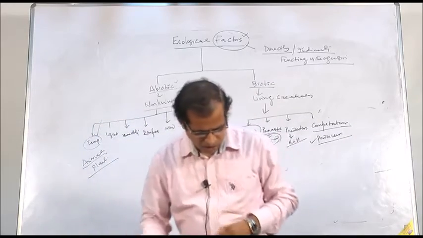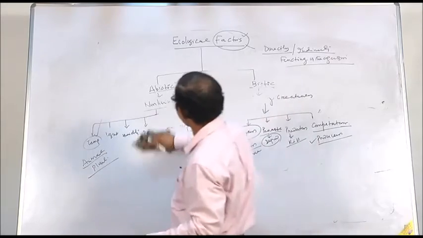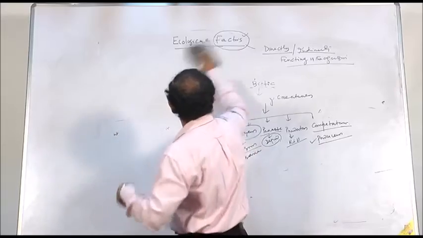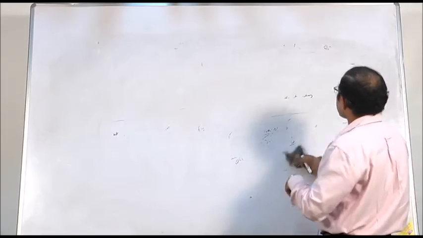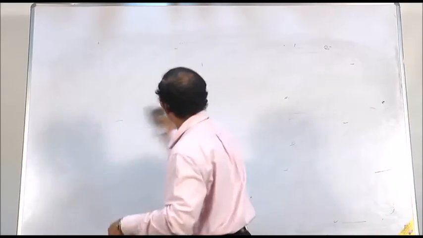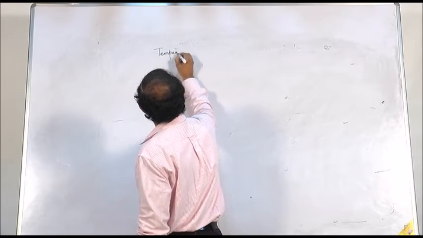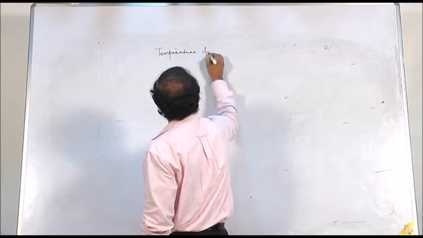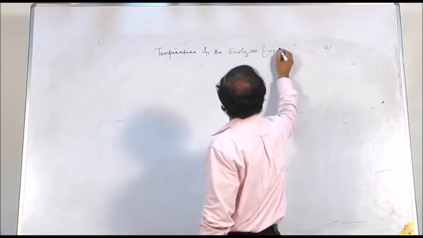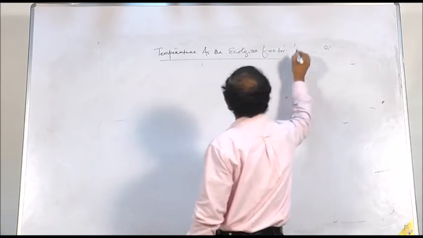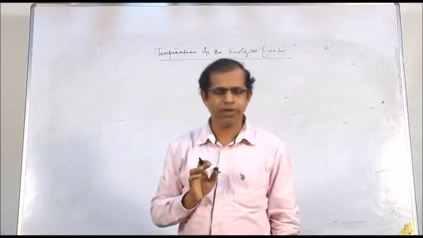We will discuss temperature in detail, how it affects the animal and plant kingdoms. We will go one by one through the ecological factors. Temperature as an ecological factor: first, you must know it is the major climatic factor.